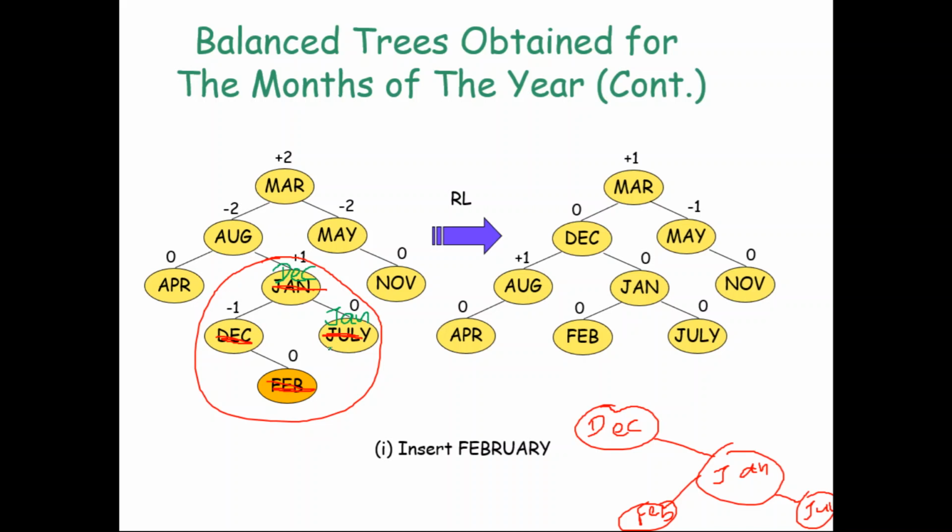And Jan's left will be Feb. And Jan's right will be July. Okay? There is nothing to the left of December. Because the only thing is December has become the root and its left child has come here. Right? So now we have done one rotation, that is R. Right rotation is done.